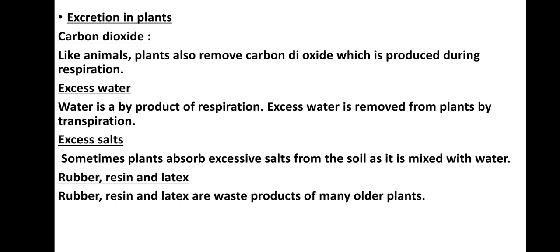Excess water is removed from plants by transpiration. Excess salts. Sometimes plants absorb excessive salts from the soil as it is mixed with water. Rubber, resin, and latex. Rubber, resin, and latex are waste products of many older plants.